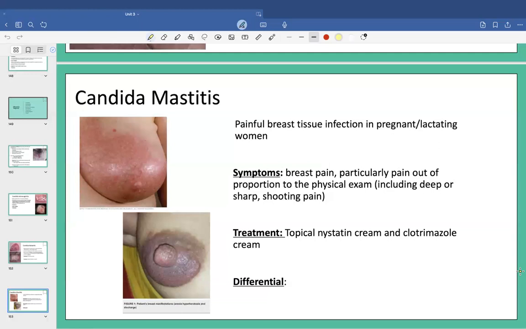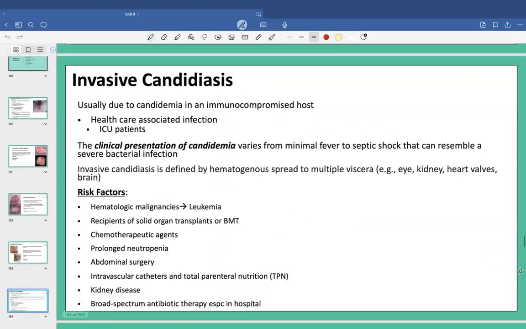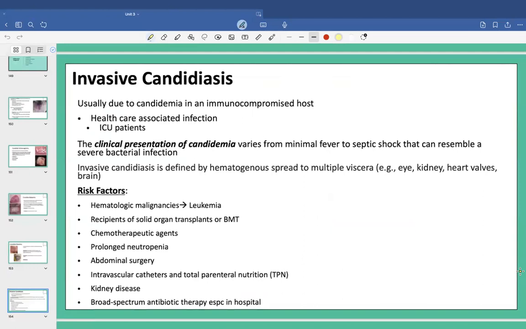So our next topic, and then we'll take a break, is invasive candidiasis. This is usually due to candidemia, which is a blood infection, a fungal blood infection in an immunocompromised host. This is a nosocomial infection, a healthcare associated infection, typically seen in ICU patients.